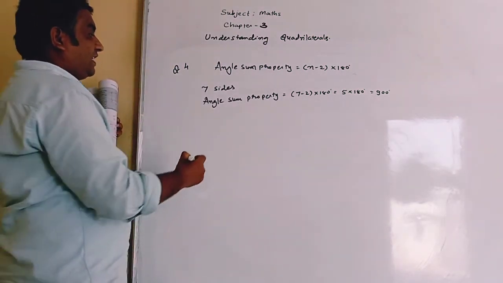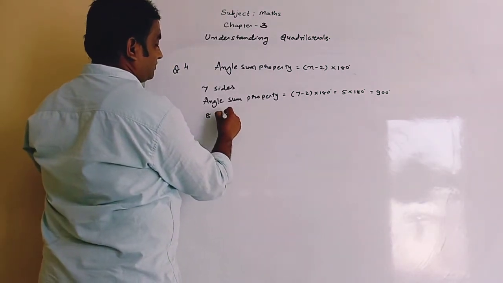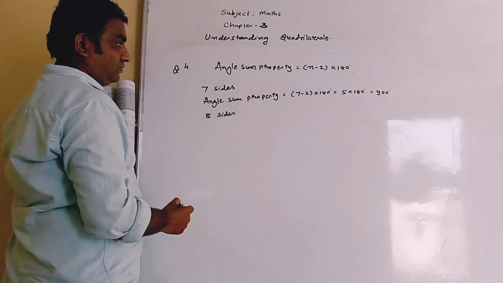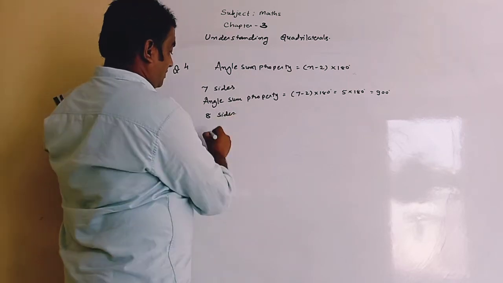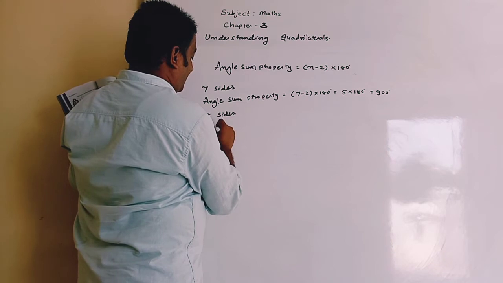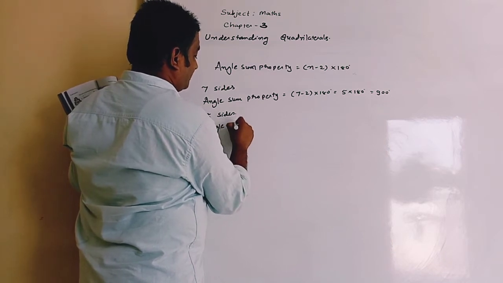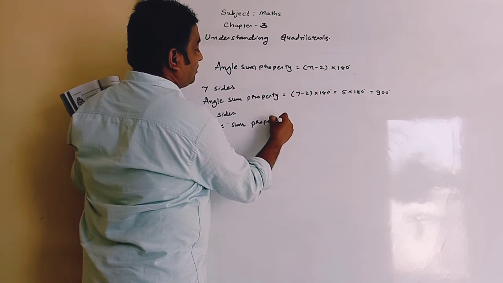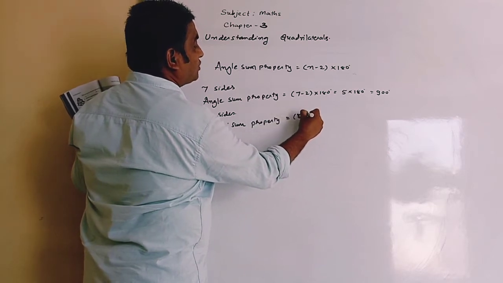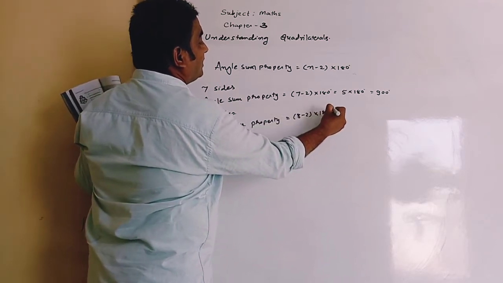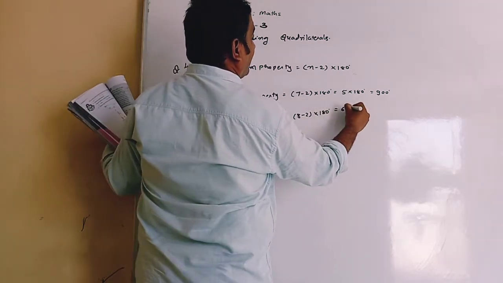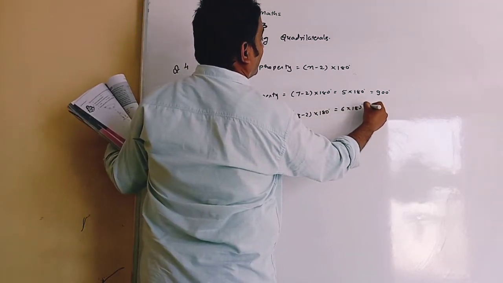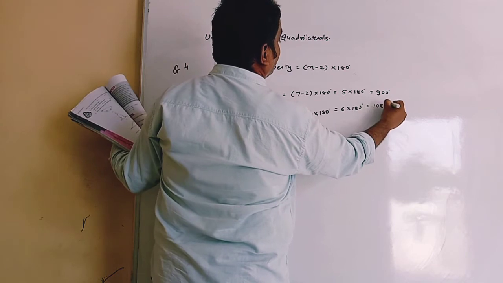Same with 8 sides, the angle sum property again we write for 8 sides, then 8 minus 2 into 180. So it is 6 into 180. That is 18 6s are 108, so 1080.